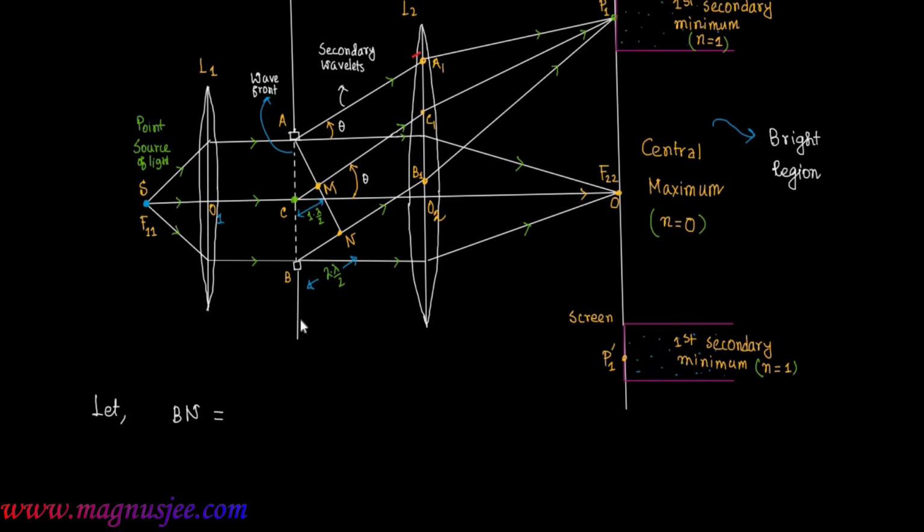Let BN be equal to 2 lambda by 2, where lambda is the wavelength of light, and BN is equal to 2 lambda by 2 for the first secondary minimum.